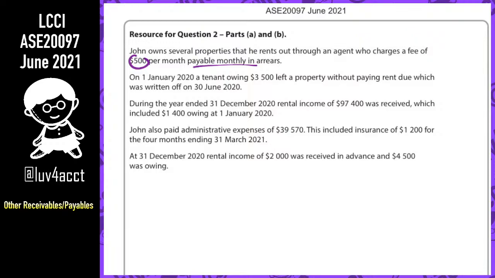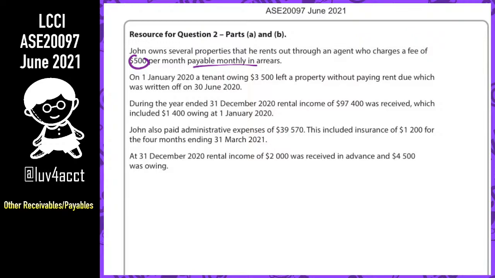So if it is paid at the end of the month, then there is still no owing. But then let's see how much in arrears. On the 1st of January, a tenant owing $3,500 left a property without paying rent, which was written off on the 30th of June.